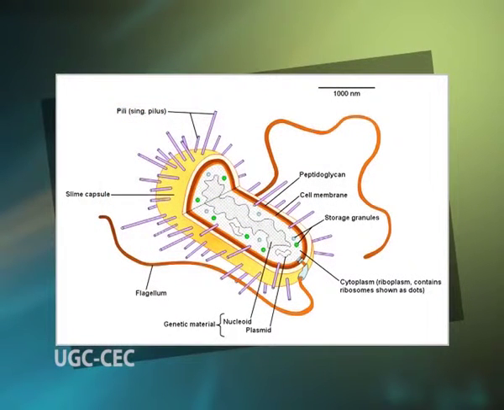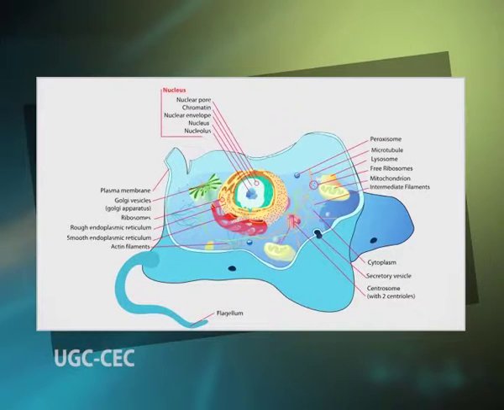It is covered by two layers, namely an outer cell wall and an inner plasma membrane. Many flagella arise from the body. The cytoplasm is colloidal in nature and contains granules of glycogen, proteins and lipids. Endoplasmic reticulum, Golgi complex, lysosomes, mitochondria etc. are absent.